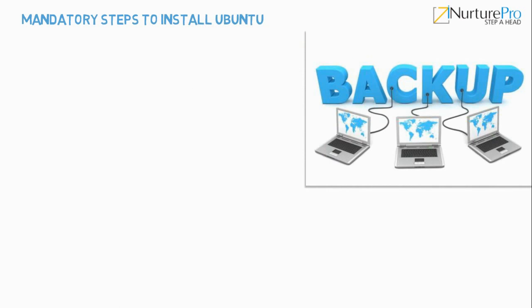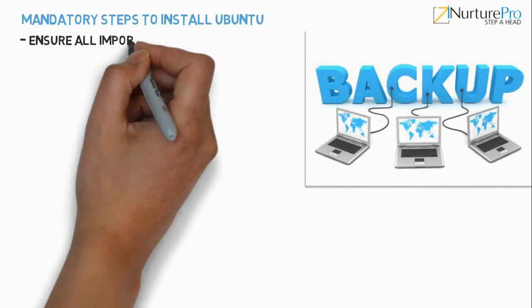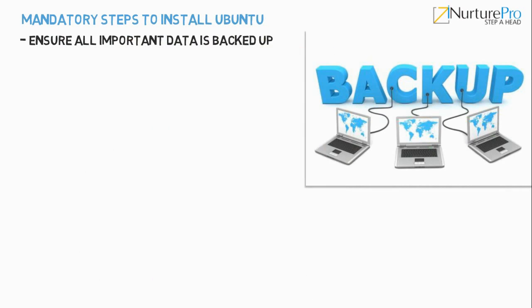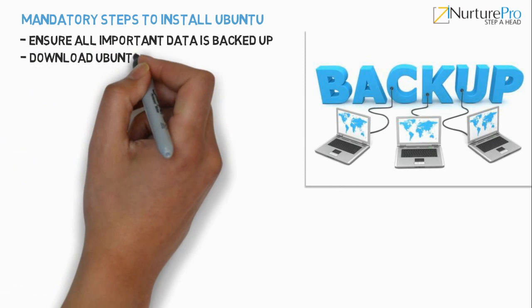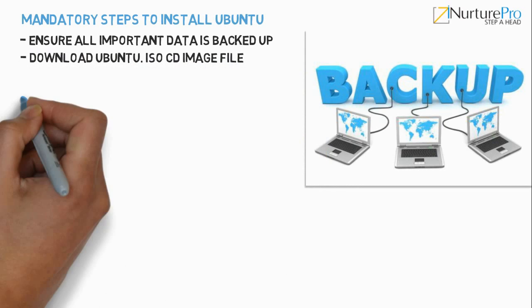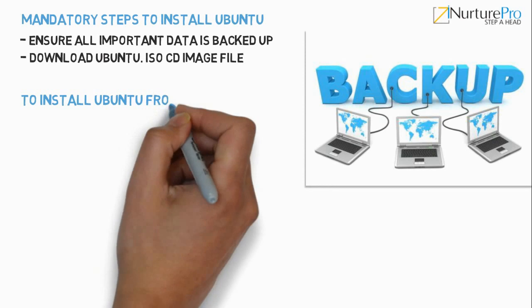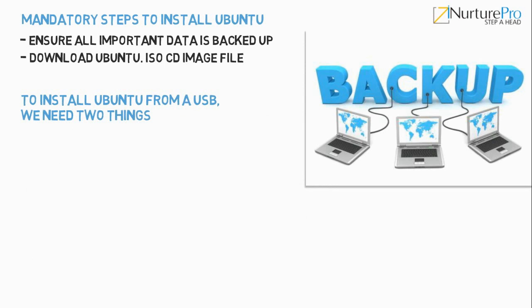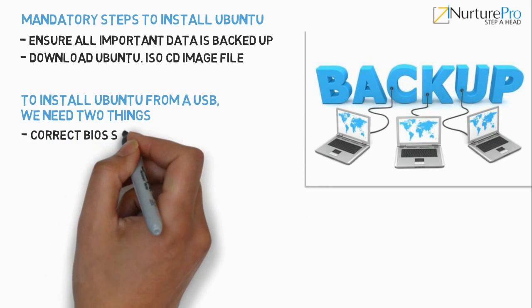Installation of Ubuntu mandates that we follow certain steps. First, as a precautionary measure, we must ensure all important data is backed up in case of data loss on your drives. We first have to download the Ubuntu ISO CD image file. Then, to install Ubuntu from a USB, we need to do two things.